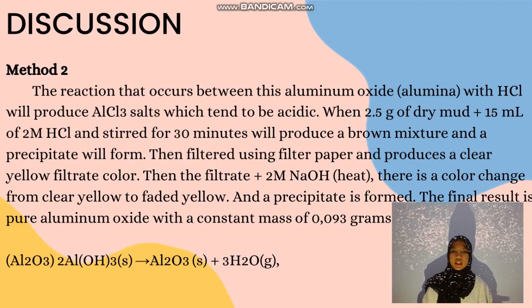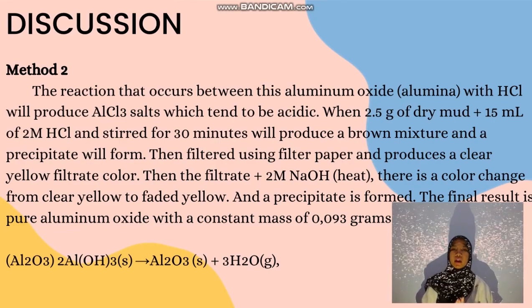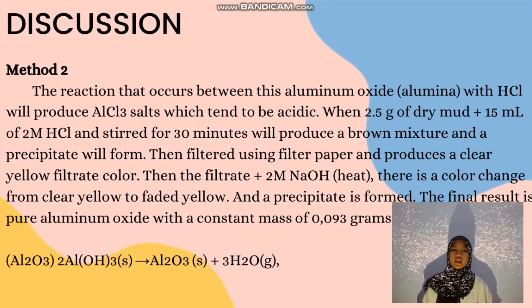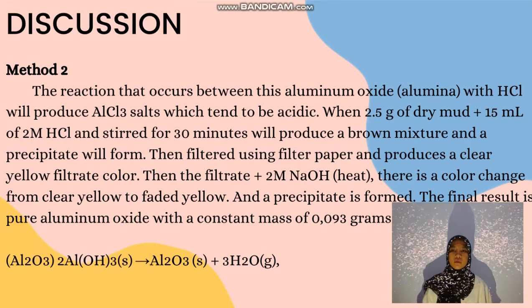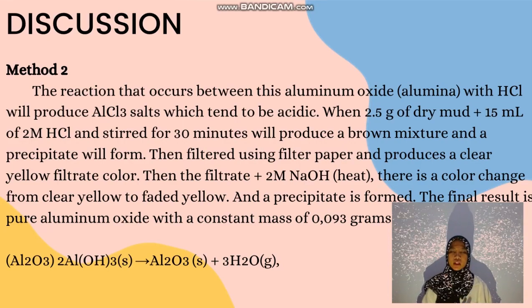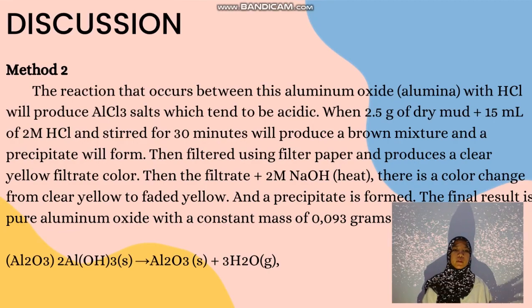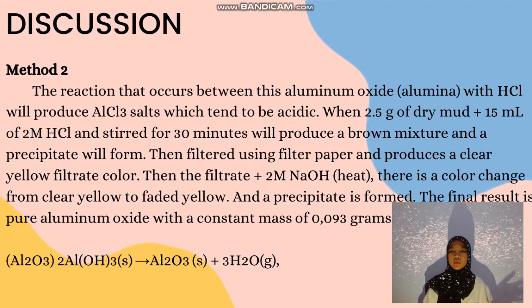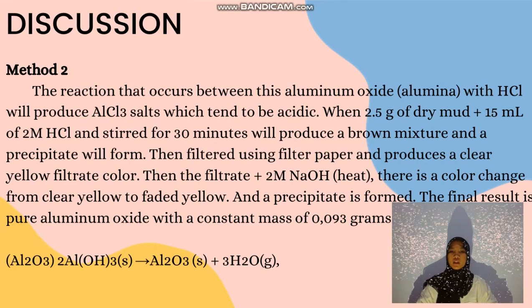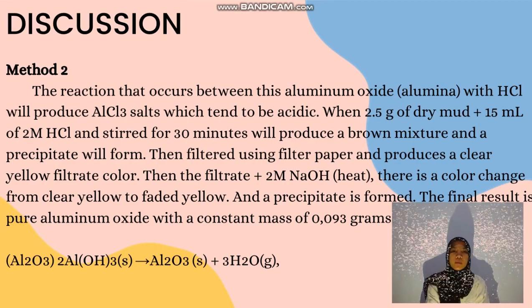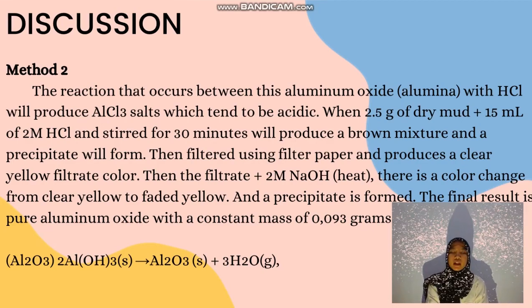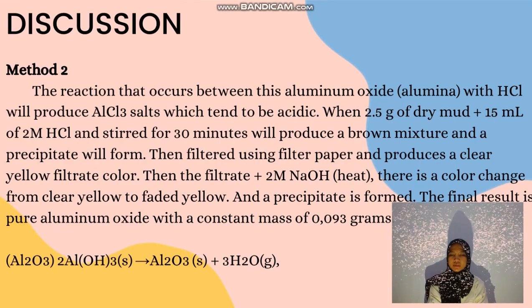Then 2M NaOH is added to the filtrate, there is a color change from clear yellow to faded yellow and a precipitate is formed. The final result is pure aluminum oxide with a constant mass of 0.93 grams.